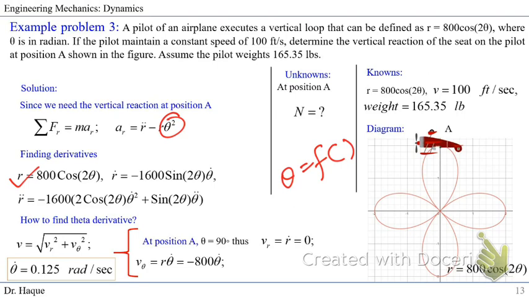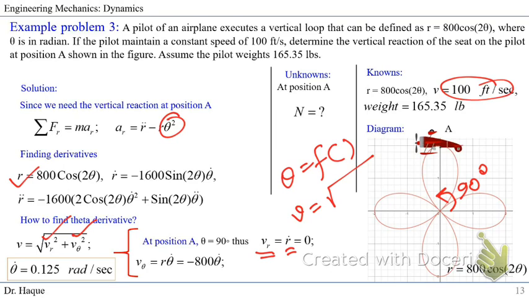The velocity is given, right? 100 feet per second. So the magnitude of the velocity is equal to the square root of the r component and theta component, whole square. So we know V_r, the velocity in the r direction, is the first derivative of r, and in the current location we know the angle is 90 degrees.